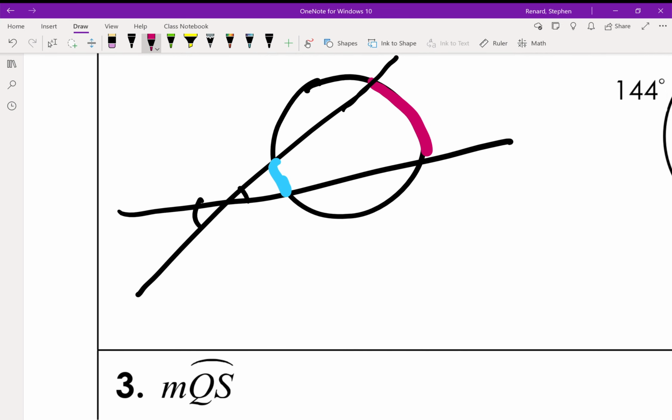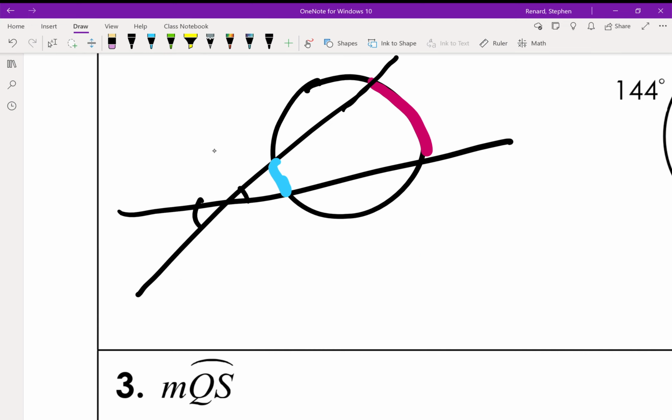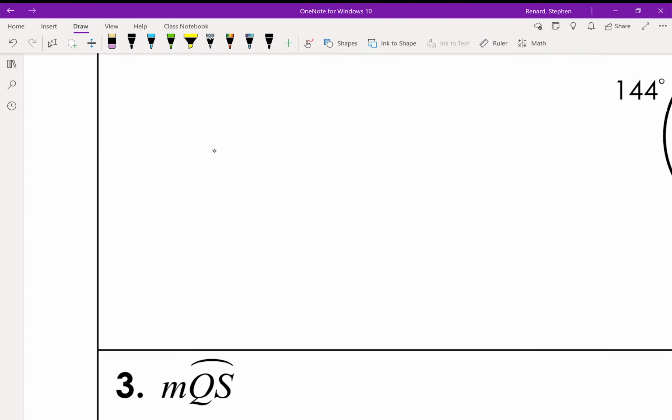So in this case, what we're going to do is subtract. We take the difference between the two and divide that by 2, and that's going to give us the measure of these angles. So if it's in the circle, you add them up and divide by 2. If it's on the circle, you just divide it by 2. And if it's outside the circle, you subtract them and divide by 2.